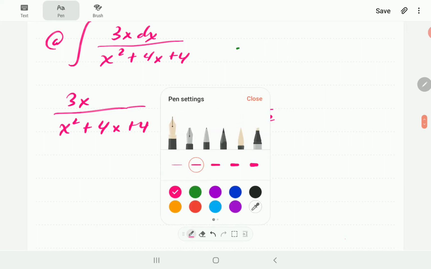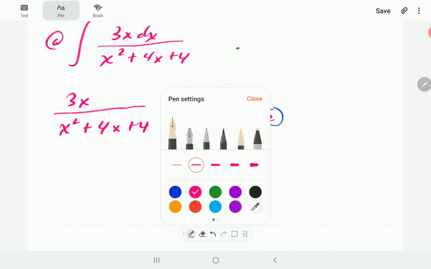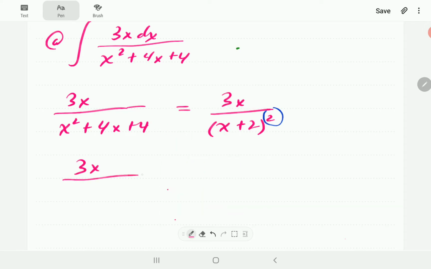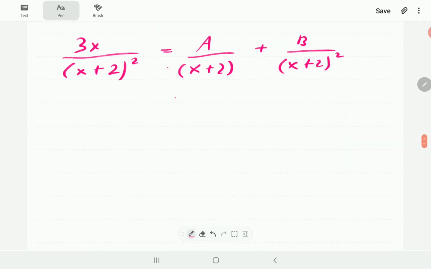Since this has a root of multiplicity 2, it's going to give us 2 partial fractions corresponding to the powers 1 and 2. So we're going to have A over (x + 2)^1, then B over (x + 2)^2.